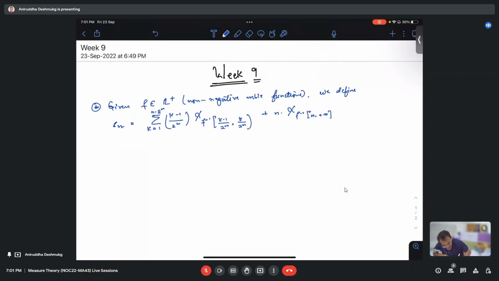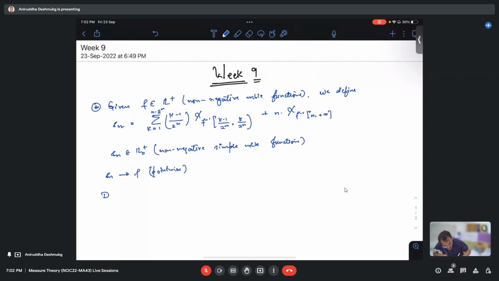Then it is easy to see that the Sn are in L0 plus, that is, non-negative simple measurable functions, and Sn converges to f pointwise.